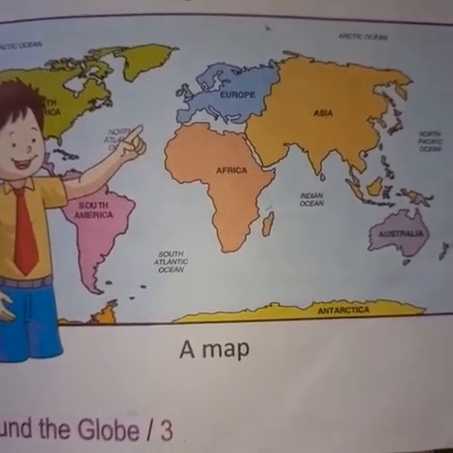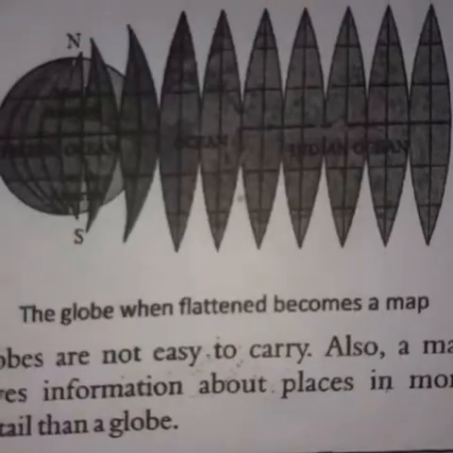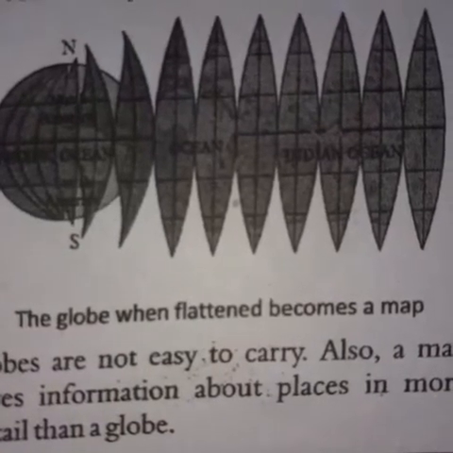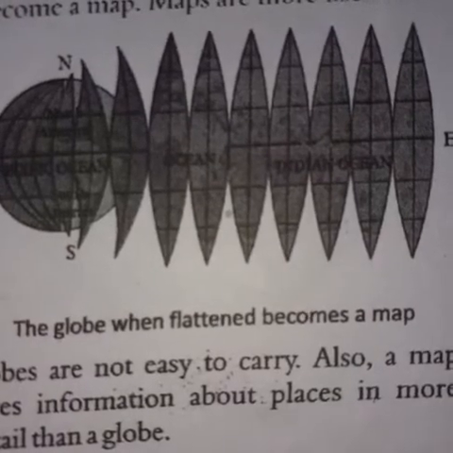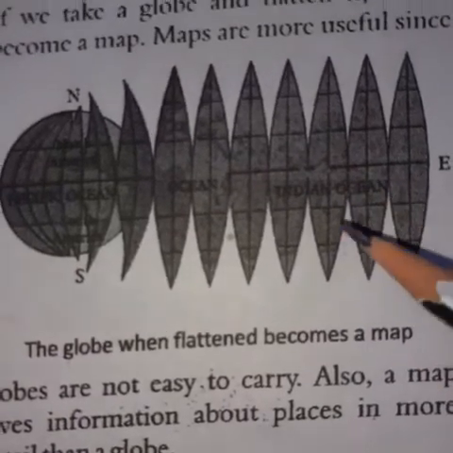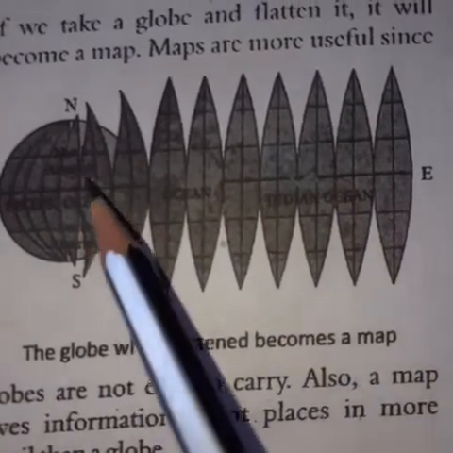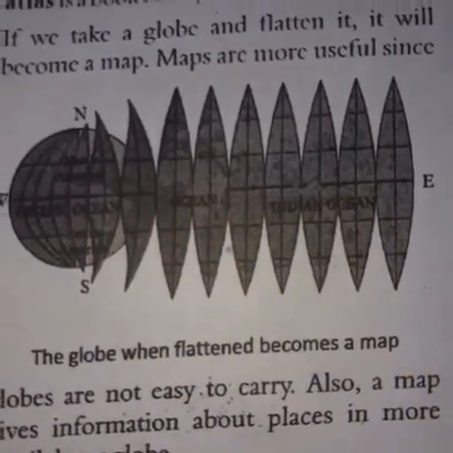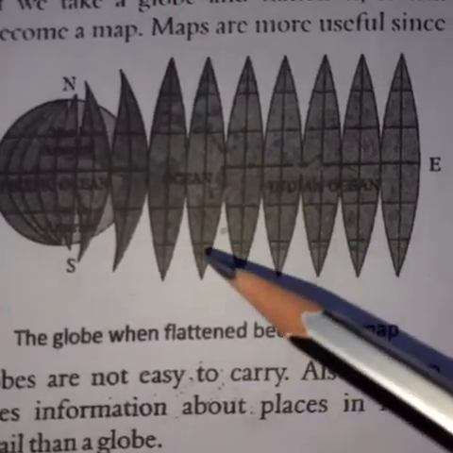An atlas is a book of maps. If we take a globe and flatten it, it will become a map. As you can see in this picture, this is globe and flattened. So it became a map.